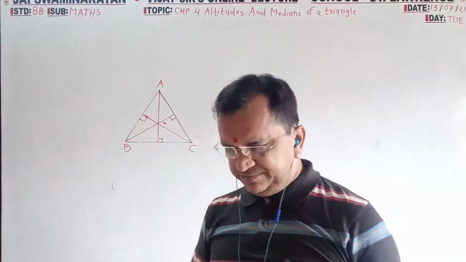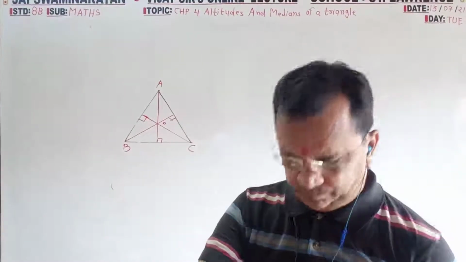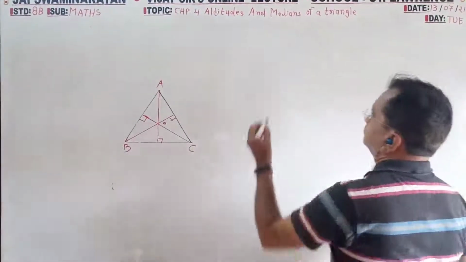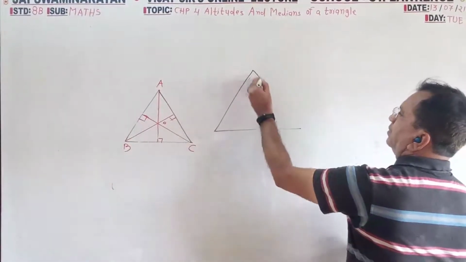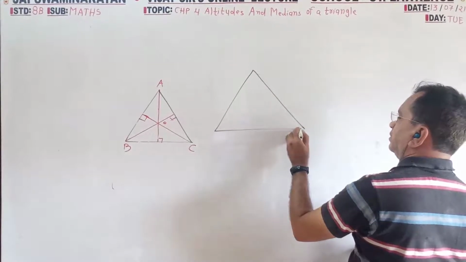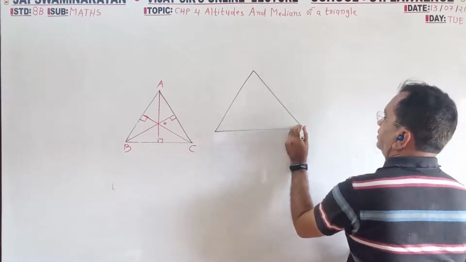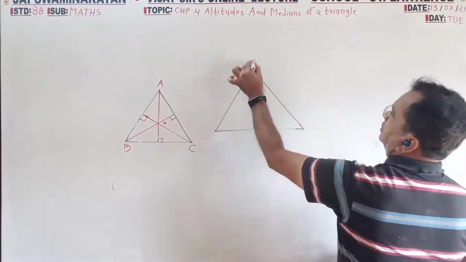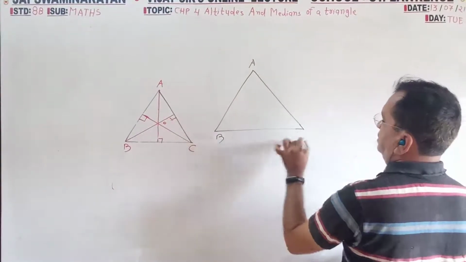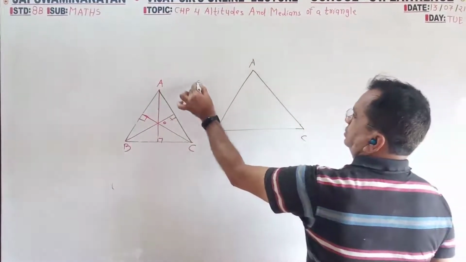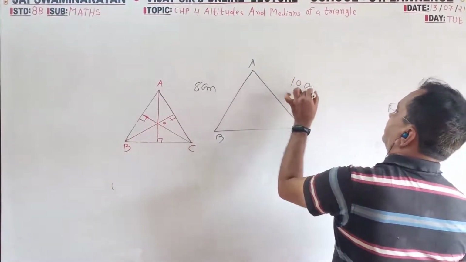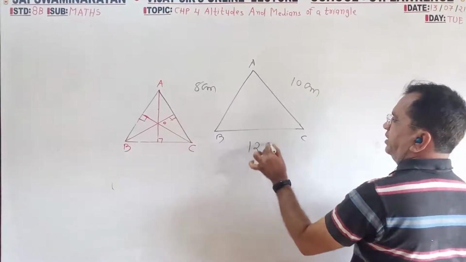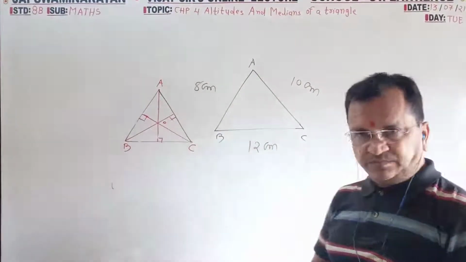Then median. This is A, this is B, this is C. Suppose this is 8 centimeter, 10 centimeter, 12 centimeter.